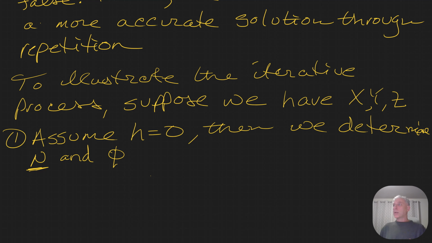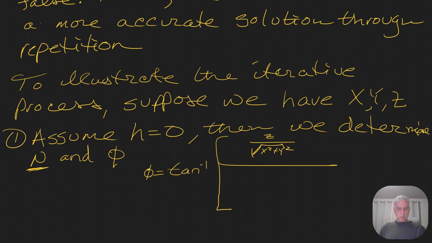just from our formulae, which I'll write down again. Phi equals tan inverse of z over the square root of x squared plus y squared over 1 minus epsilon squared, eccentricity squared, times n over n plus h, and then h equals 0.